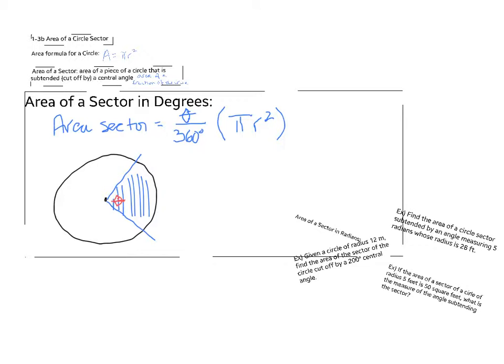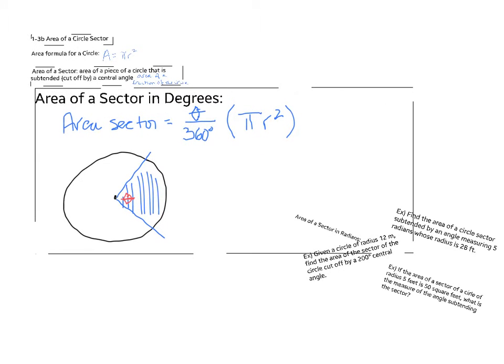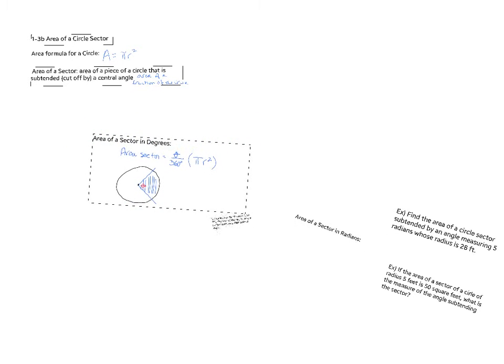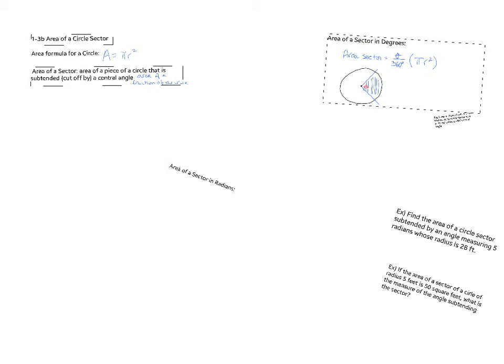Where it becomes slightly more interesting, though, is if we start to think about it in radians. So let's do that. Let's move this over here. To think about the area of the sector in radians, I'm going to do a similar thing.